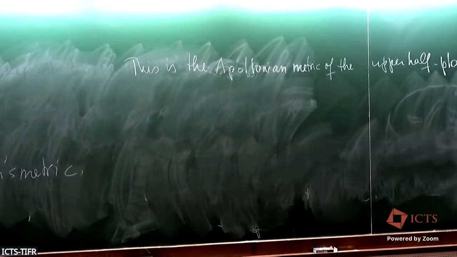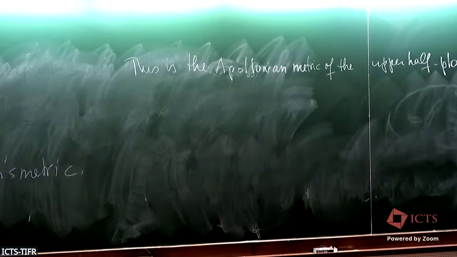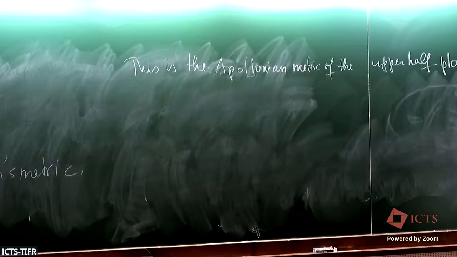And let me remind you, what is this Apollonian metric? In fact, the term Apollonian comes because when you work with this metric, you end up dealing with circles, in fact, a lot of circles which appear.